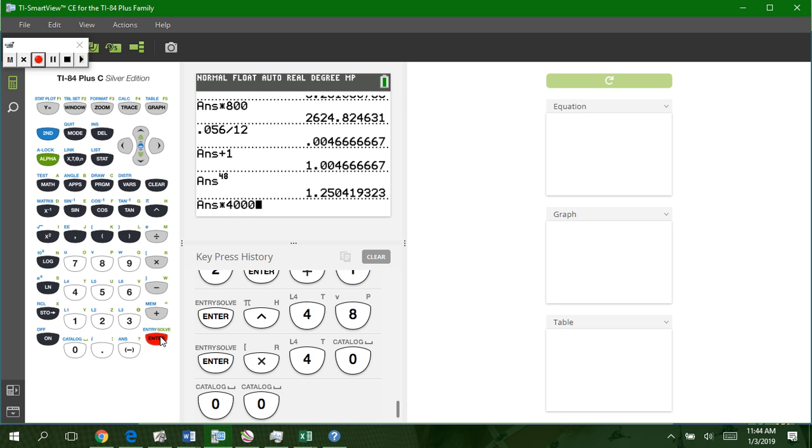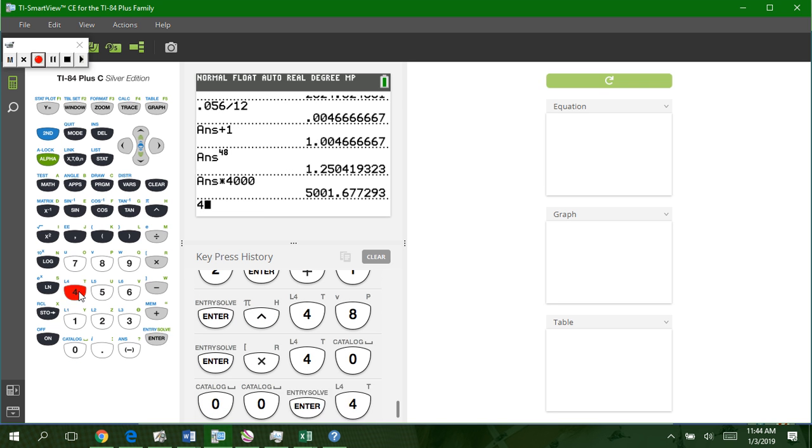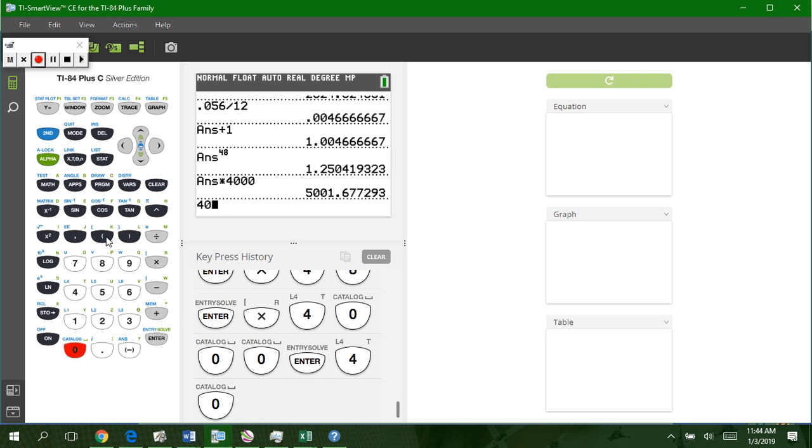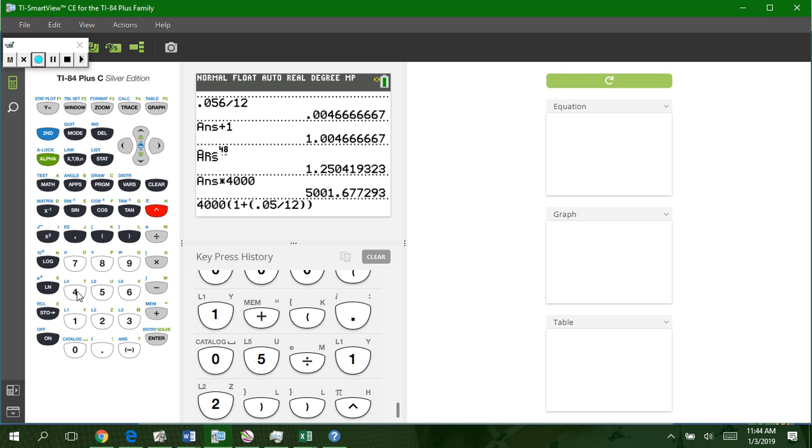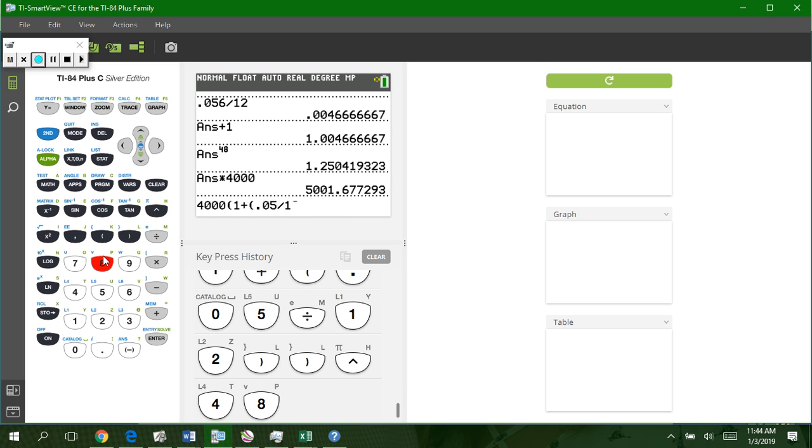Boom. Okay? If I did not, here's what it would look like. Parentheses 1 plus parentheses 0.056 divided by 12 raised to 48. Pretty good, right? Ooh, that 0.3% makes a big difference, right?